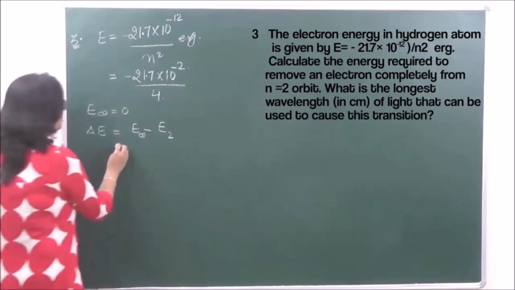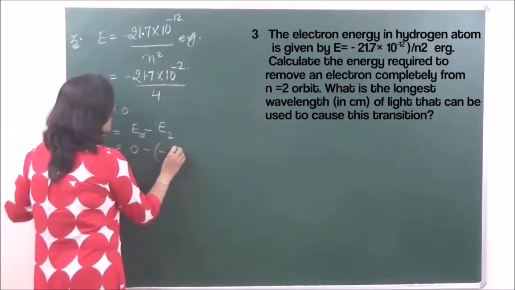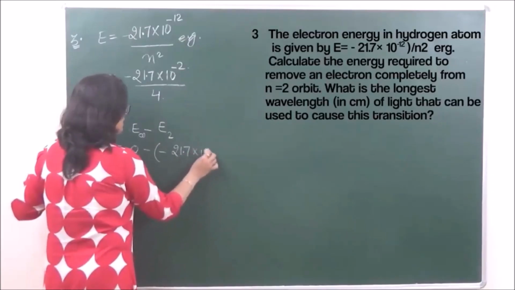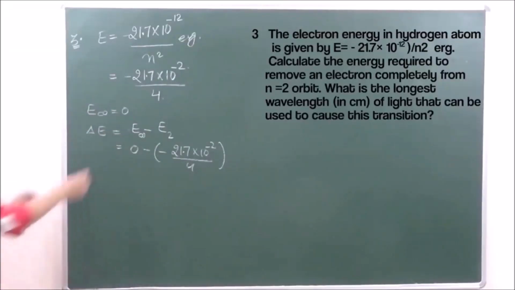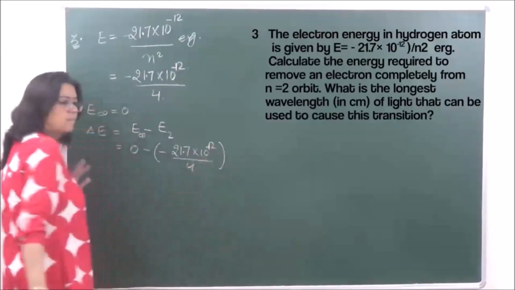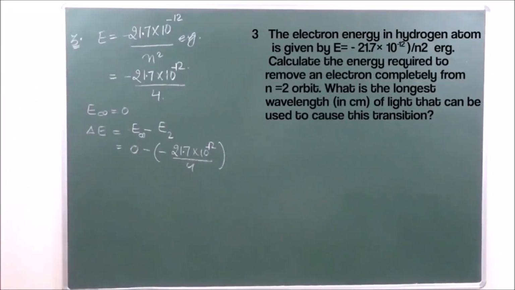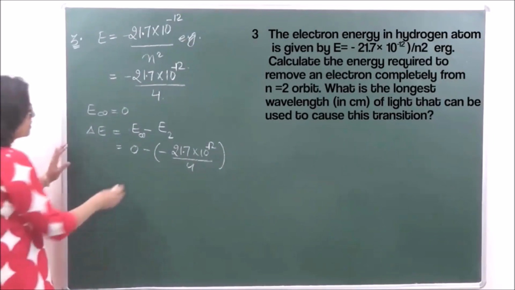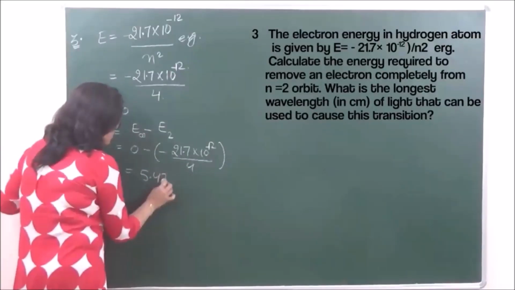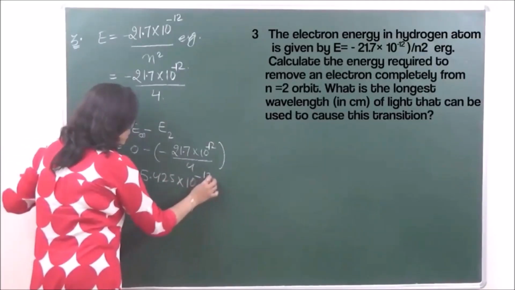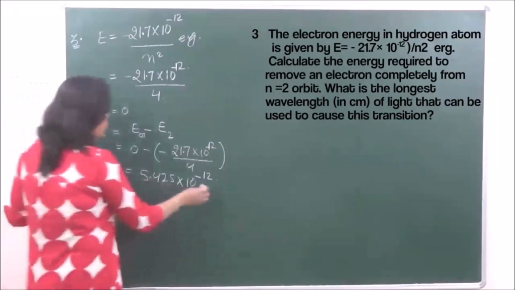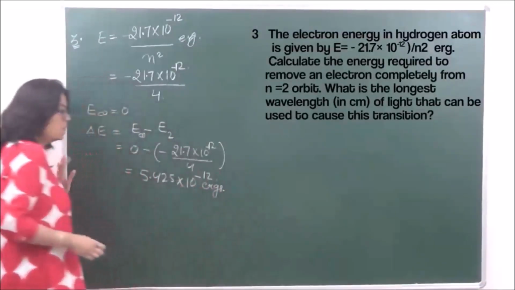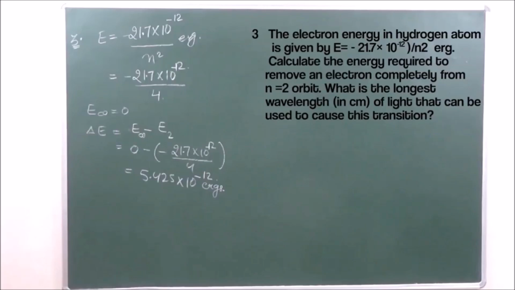Okay? E infinity, that is equal to 0 minus 21.7 into 10 raised to power minus 12 divided by 4. So energy when calculated over here, that comes to 5.425 into 10 raised to power minus 12 ergs, because in the question also it is given to us in ergs, so over here also we will put the same unit.